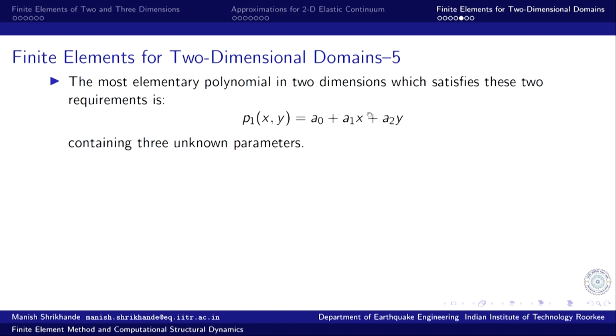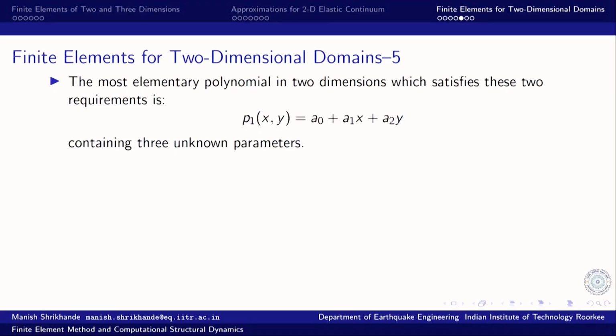We call them alpha i, beta i, gamma i in case of the interpolation function for node i, and obviously these 3 parameters can be evaluated if I have 3 constraints, and those 3 constraints are given by the interpolation condition that N i should be equal to 0 at x j y j and x k y k, and it should evaluate to unity at x i y i. So, that is the interpolation function itself.